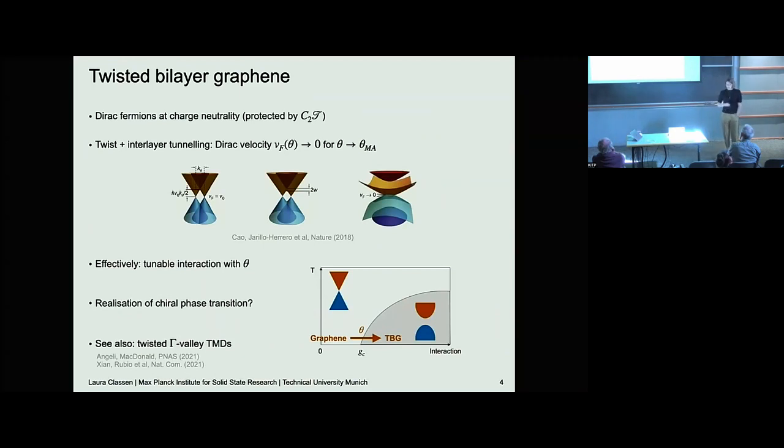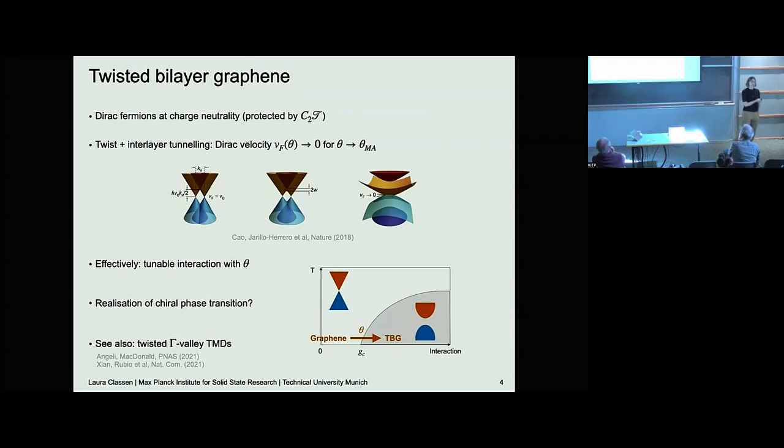So if there are Dirac fermions in the systems, which I think is very likely, then we can tune their Dirac velocity, and this effectively means that we can tune the ratio of interaction over kinetic energy. So this means that we might be able to tune across this phase transition, which requires a critical interaction strength.